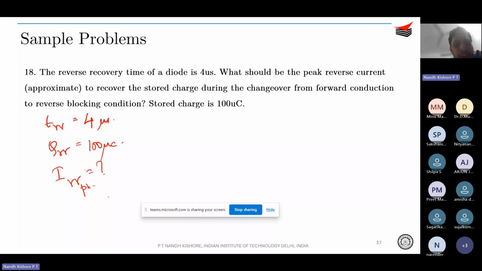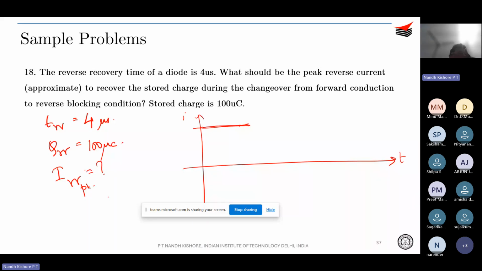I guess you would have gone through the basics of reverse recovery. That is, you know that if the diode is conducting in the forward direction, something like this, and if you turn off, the diode current is going to fall something like this and then go to zero.